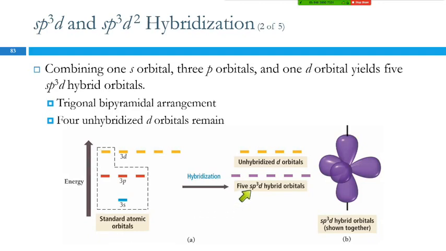And so this is called sp3d. One of the videos that I kind of like calls this dsp3, so don't let that bother you. The thing to understand here is that these are not 4d orbitals, they are 3d orbitals. They're in the same principal energy level.